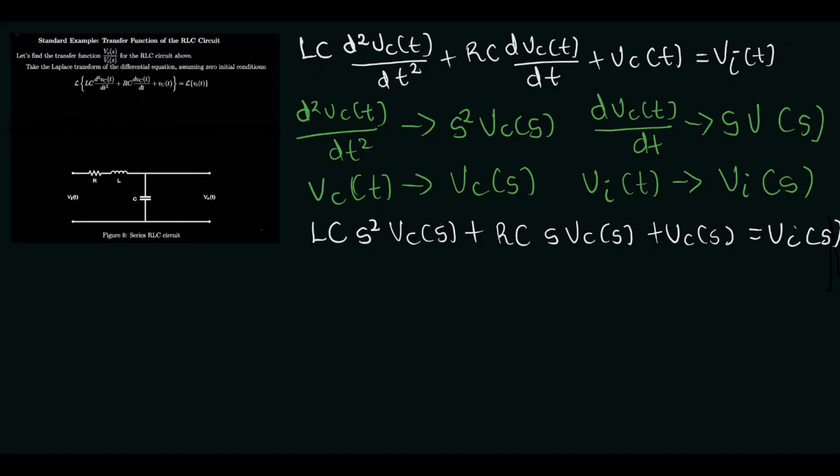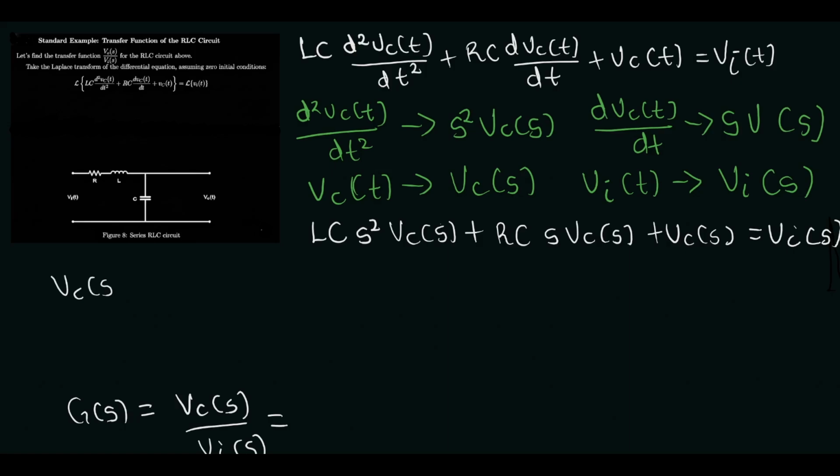So your transfer function G of s equals Vc of s all over Vi of s. That will be equal to, before that, let's just make it easier, let's factor out Vc of s first before doing anything.